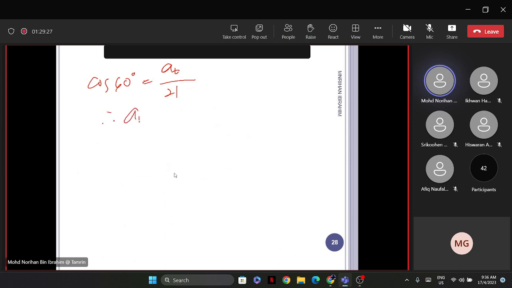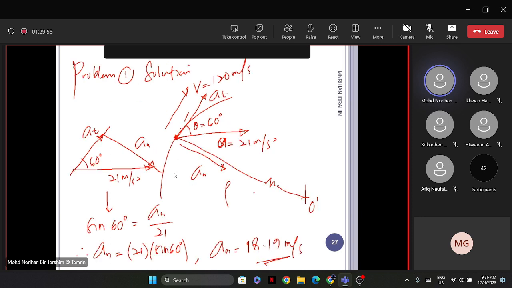Therefore, AT is equal to 21 multiplied with cos 60 degree. So you got the answer of 10.5 meter per second square. So here is the tangent component of accelerations, and this one is the normal component of accelerations.